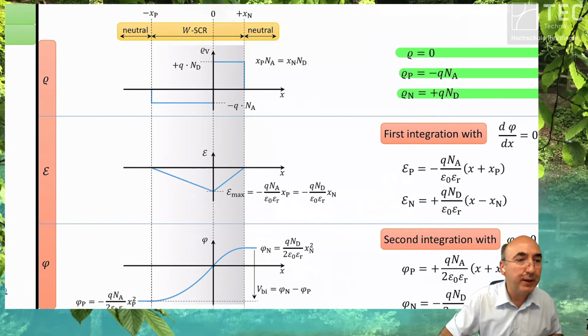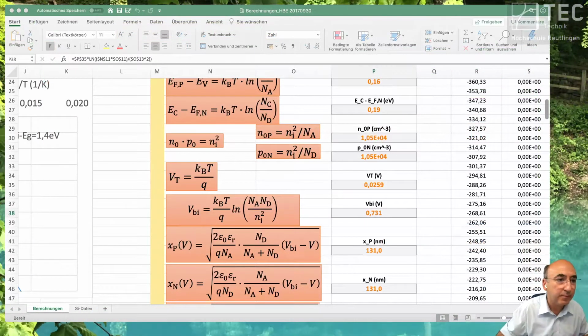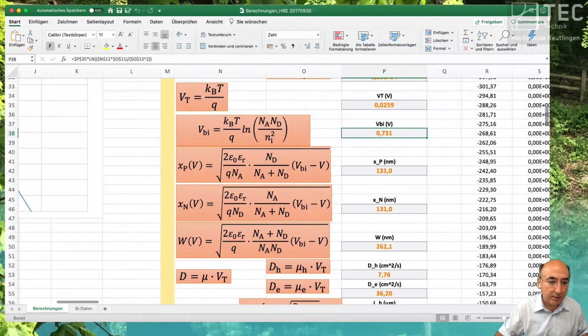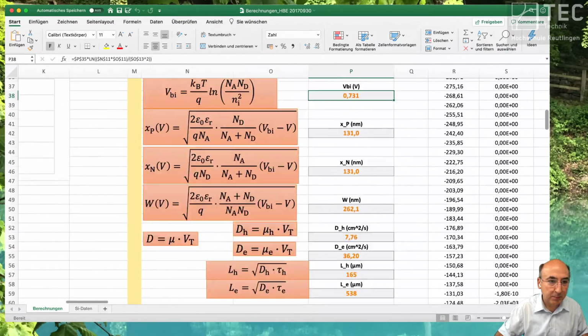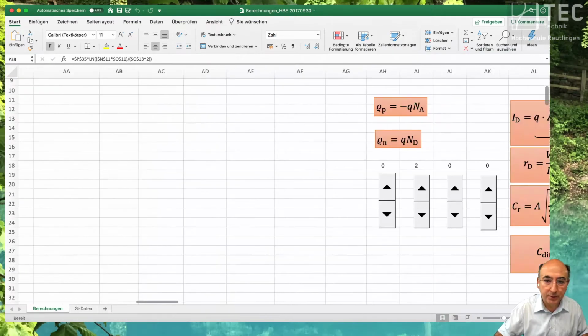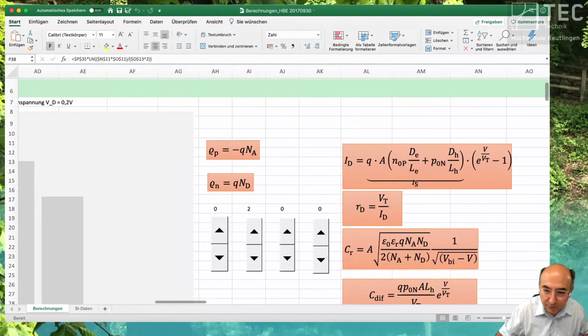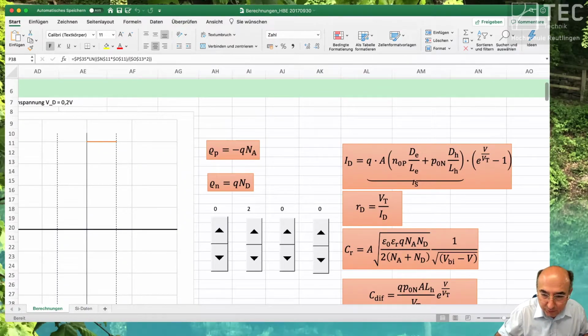Okay, let's go back to the spreadsheet. In the spreadsheet, we see this equation. Okay, I have to zoom out to have a certain overview.